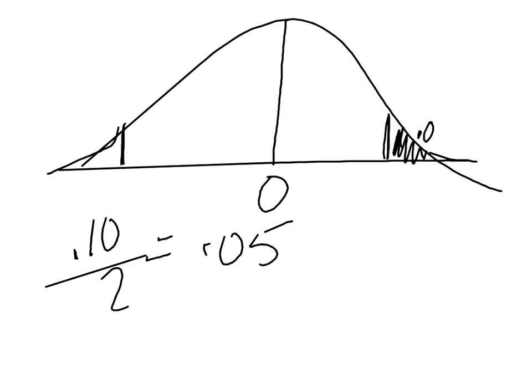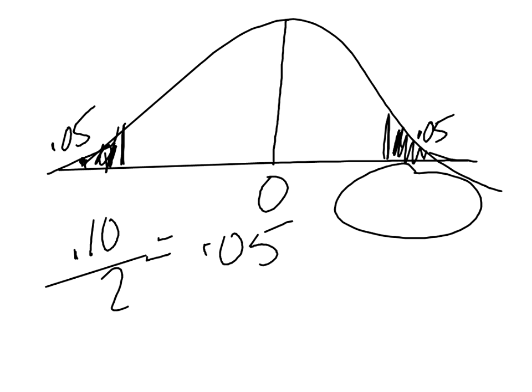So there will be 0.05 area in the right tail, and 0.05 area in the left tail. Now, what we're looking for is this z-value, and the way we would phrase the question is, what's the z-value that has 5% of the graph to the right of it, or in that right tail?